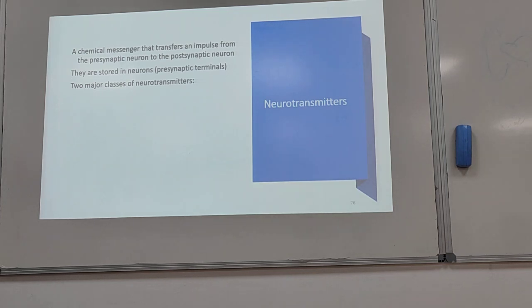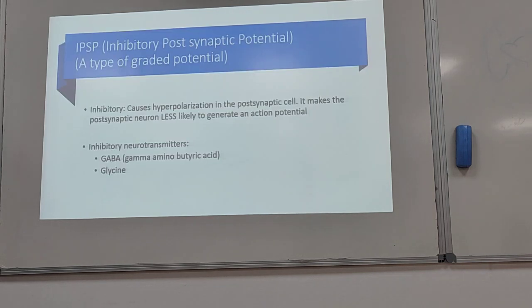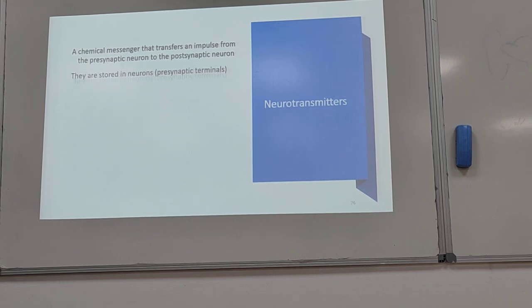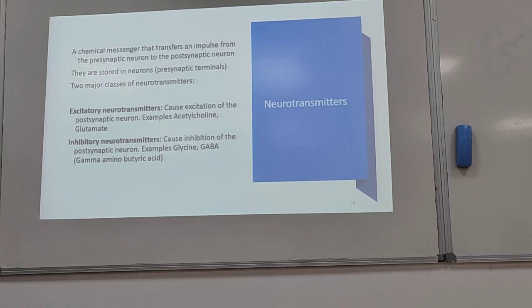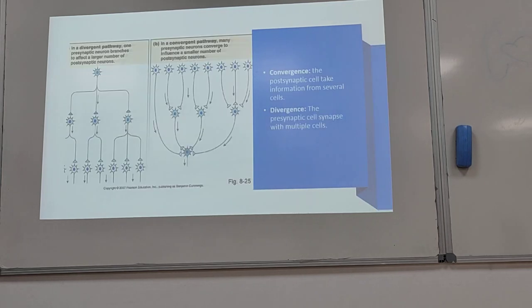Without seeing the slide, can you tell me what the 2 types of neurotransmitters are? No, that is synapse. Synapse is chemical and electrical. I start once again. Inhibitory. Very good. So they can be inhibitory or they can be excitatory.